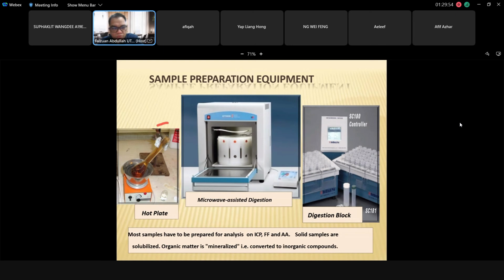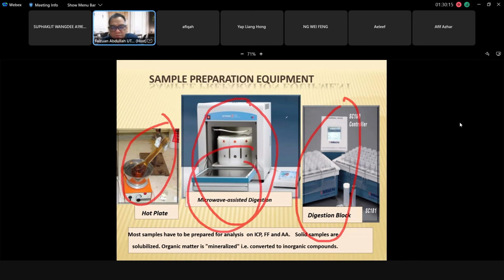This is the hot plate. You do it by yourself like this in the lab, or you have the special equipment, microwave assisted digestion, or you have a block digester, which uses electrical heating as the heating source to digest all the sample. This one is using microwave. Okay, so much more expensive. This one, the microwave digester.